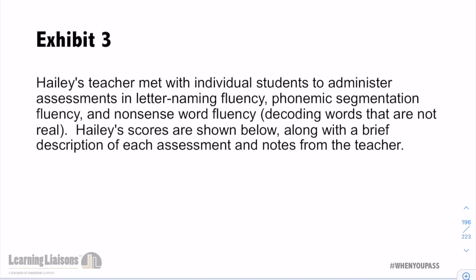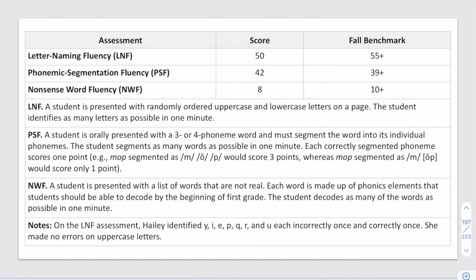Exhibit 3, Haley's teacher met with individual students to administer assessments in letter naming fluency, phonemic segmentation fluency, and nonsense word fluency, decoding words that are not real. Haley's scores are shown below, along with a brief description of each assessment and notes from the teacher. All right, so in letter naming fluency, she got a 50, where she should be at 55 or higher. A little bit higher than where she needs to be in phoneme segmentation. Nonsense words, she was at an 8 and should be at least a 10.